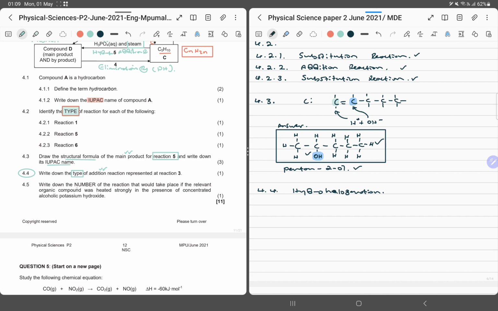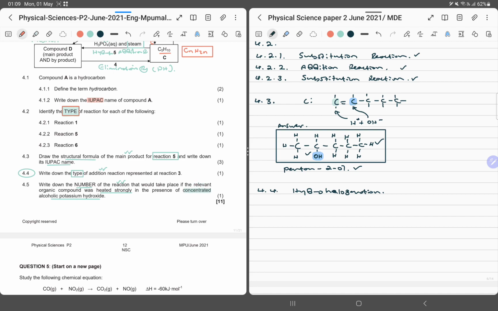It says now write down the number of the reaction that would take place if the relevant organic compound was heated strongly in the presence of concentrated alcoholic potassium hydroxide. But what do you notice here? This guy needs to be concentrated.